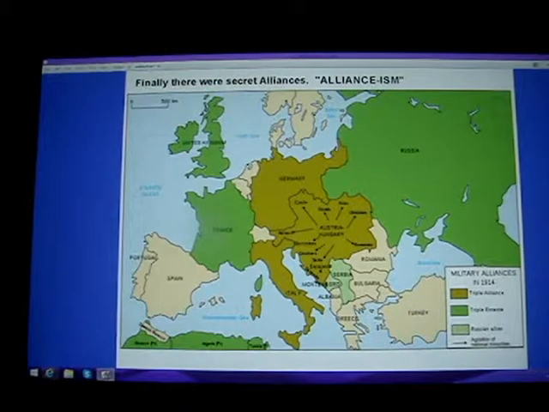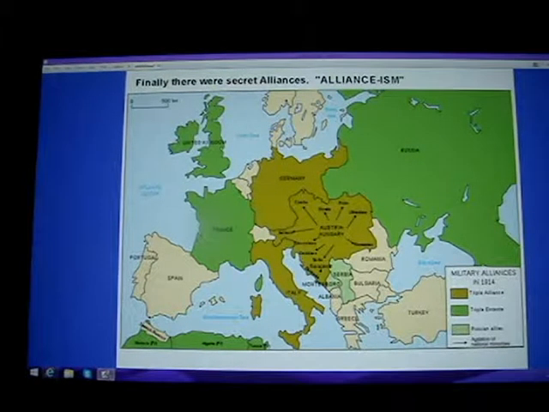So that when Austria-Hungary threatened Serbia, well, Russia was obligated to come to their aid. When Russia threatened Austria-Hungary, well, Germany was obligated to come to their aid. And of course, when Germany came to the aid of Austria-Hungary against Russia, France and the United Kingdom were obligated to join in also.